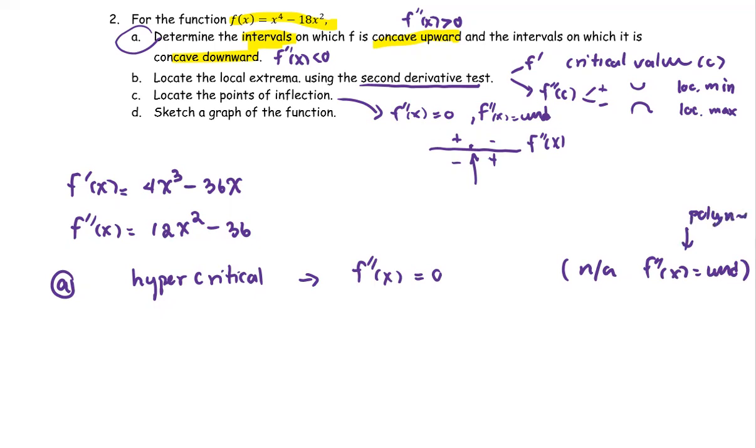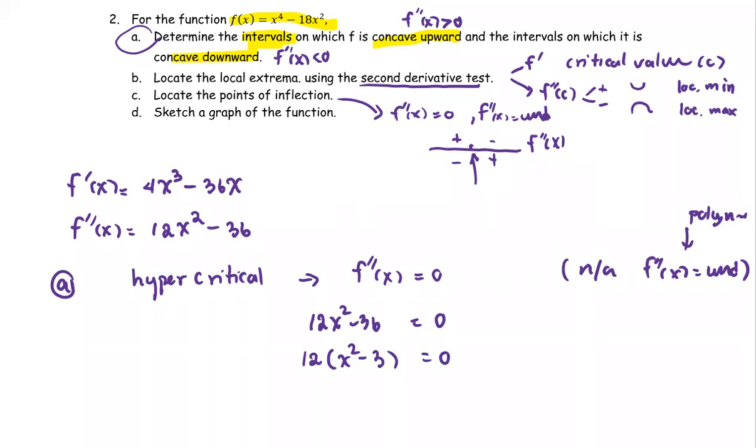Okay, f double prime equals 0, which is 12x squared minus 36 equals 0. This is an equation involving power 2. I recommend you keep everything on one side and then factor out the common factor as much as you can. We have 12, we have 36. The common number is 12. We have x squared minus 3, since 12 goes into 36 three times, right?